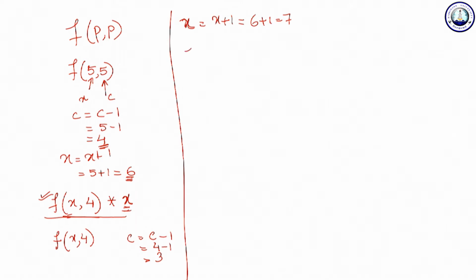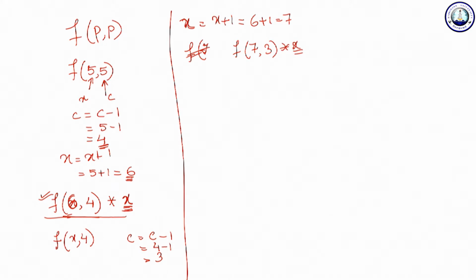So, it will be f of 7 comma 3 into x. You can also write 6 comma 4 here, but I will not put the value for this one. Here also I shall not write the value of x right now. I shall do it when I do the final execution, when the return value will be executed.